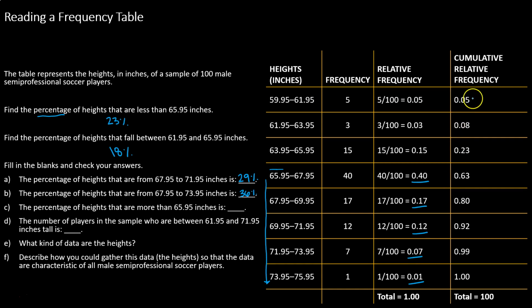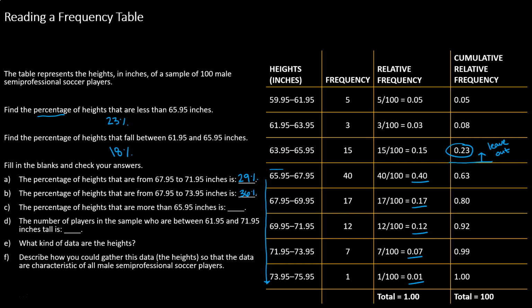We know in our cumulative relative frequency column that as we're moving down, we're adding up to capture 100% of the data. We basically just want to leave off everything that's above this line. And we can see that there's 23% of the soccer players that are shorter than 65.95. So I could use the complement idea here to answer this question.